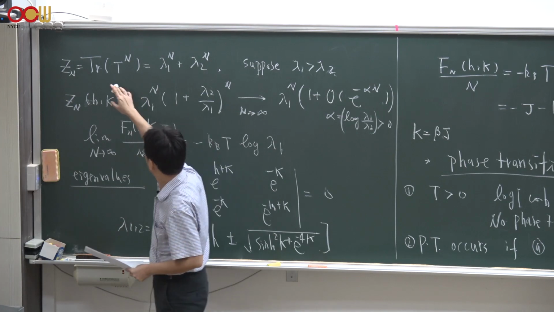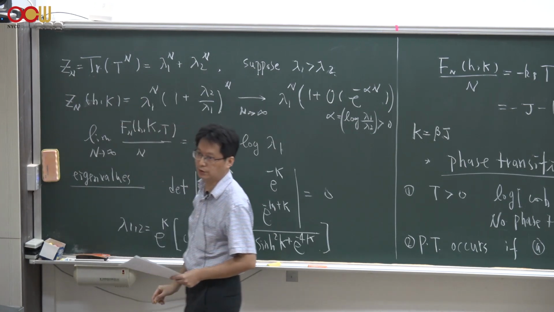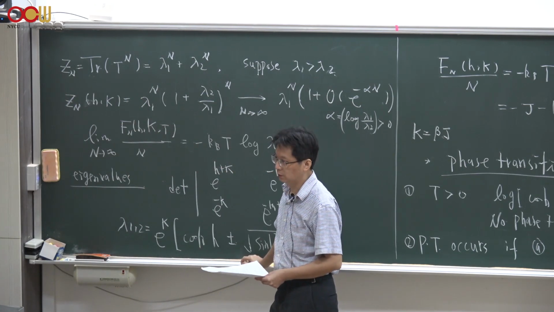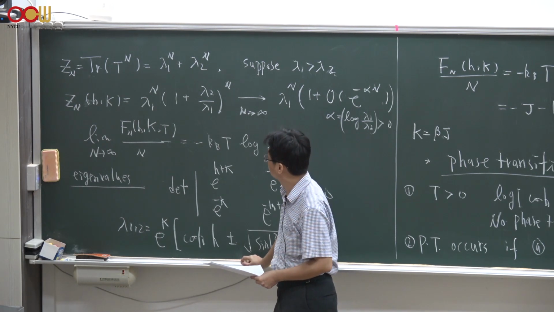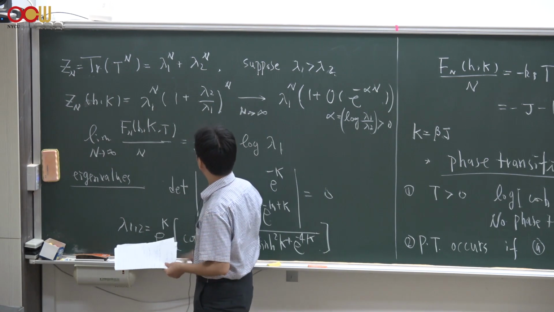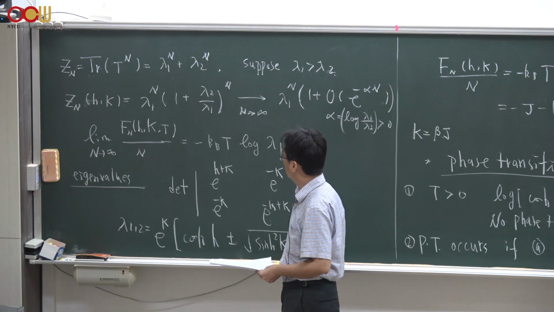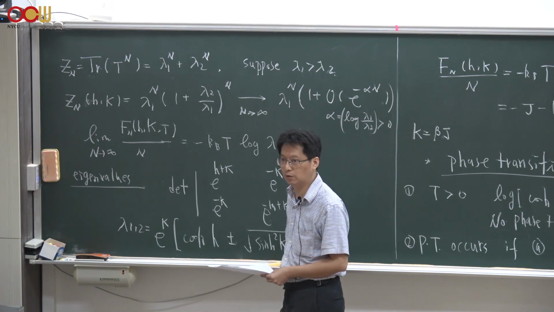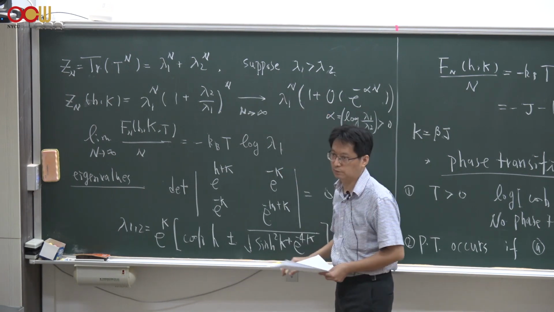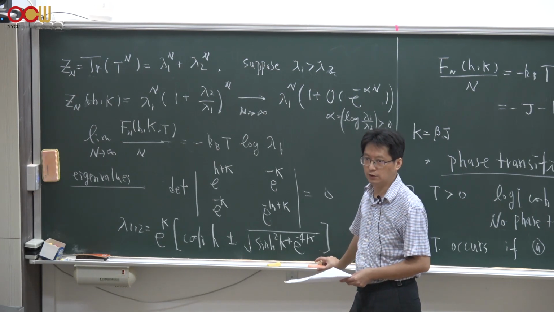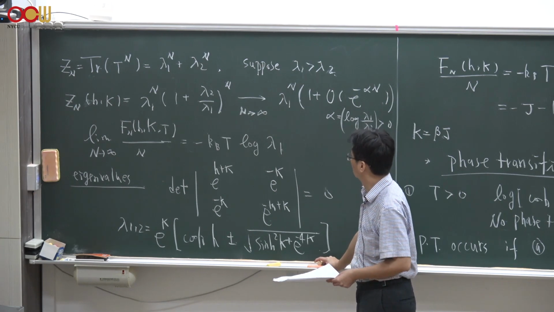Just a moment ago, we arrived at this conclusion that the partition function for a one-dimensional ring of an Ising model takes this form, which is the sum over eigenvalues to the power of n, where n is the number of sites. And we assume that lambda 1, the first eigenvalue, is bigger than lambda 2.